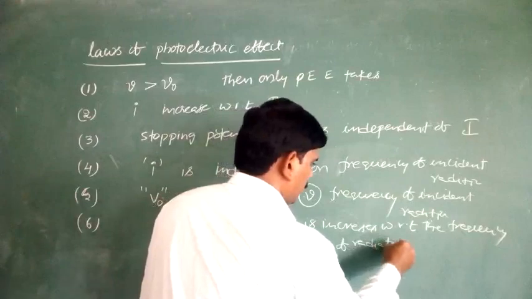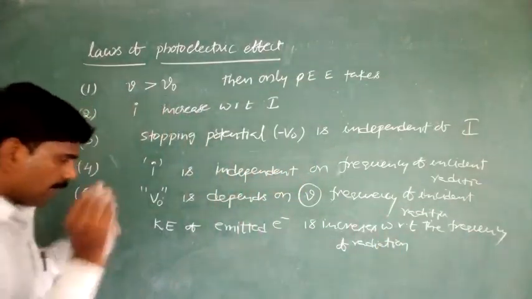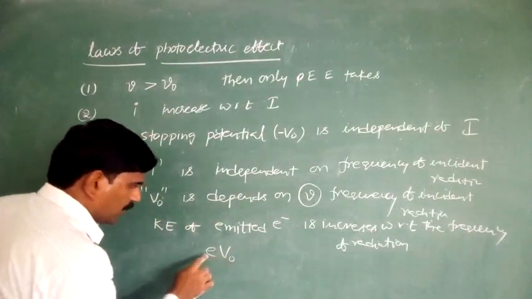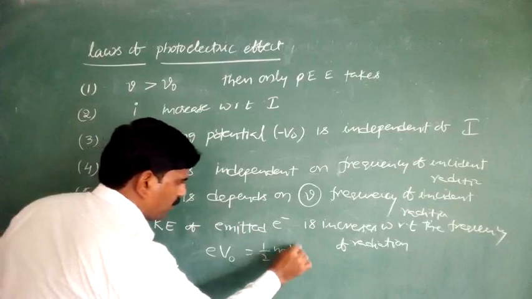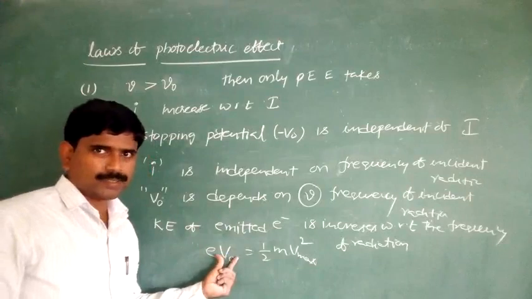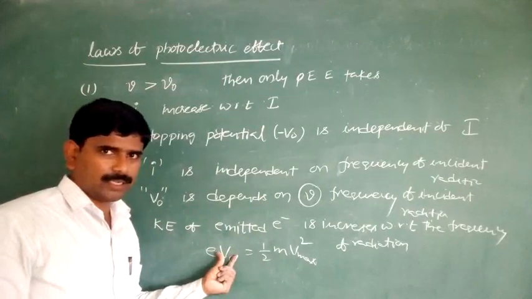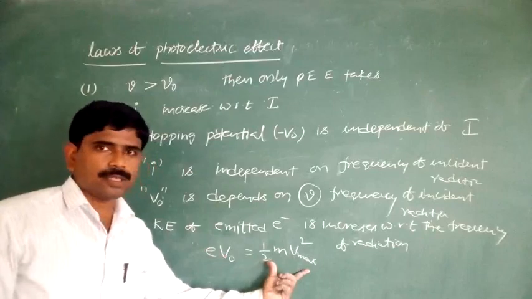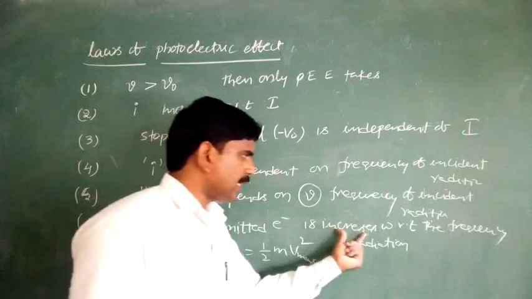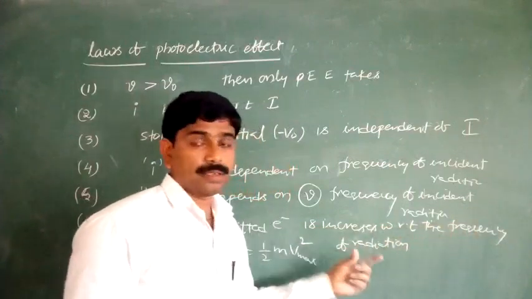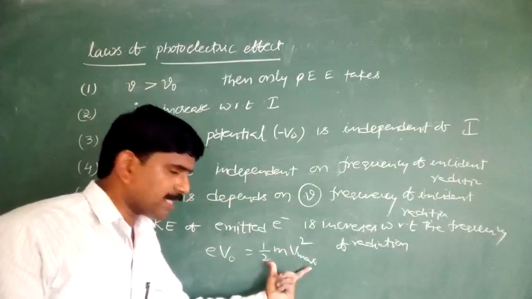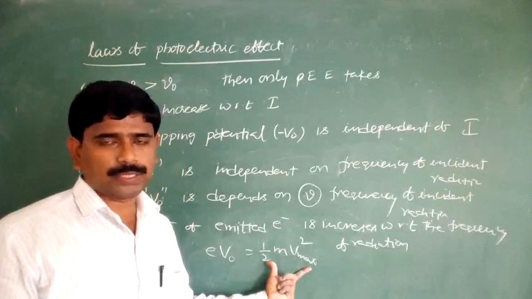Observe, already in Lenard's experimental study, we wrote one equation: e V naught is equal to half m v max squared. So when stopping potential increases, kinetic energy also increases. That's why we write that the kinetic energy of the emitted electrons increases with respect to the frequency of radiation. When frequency increases, stopping potential increases, and kinetic energy of the emitted electrons also increases.